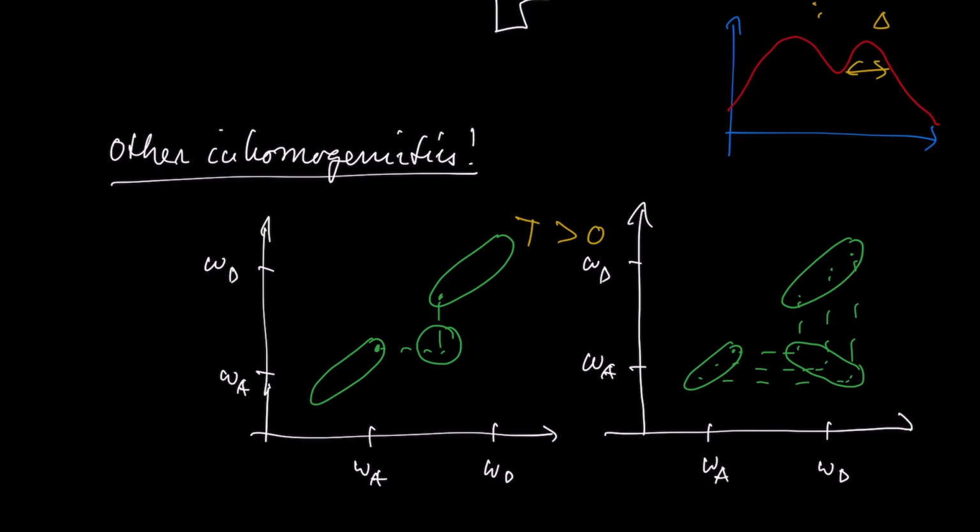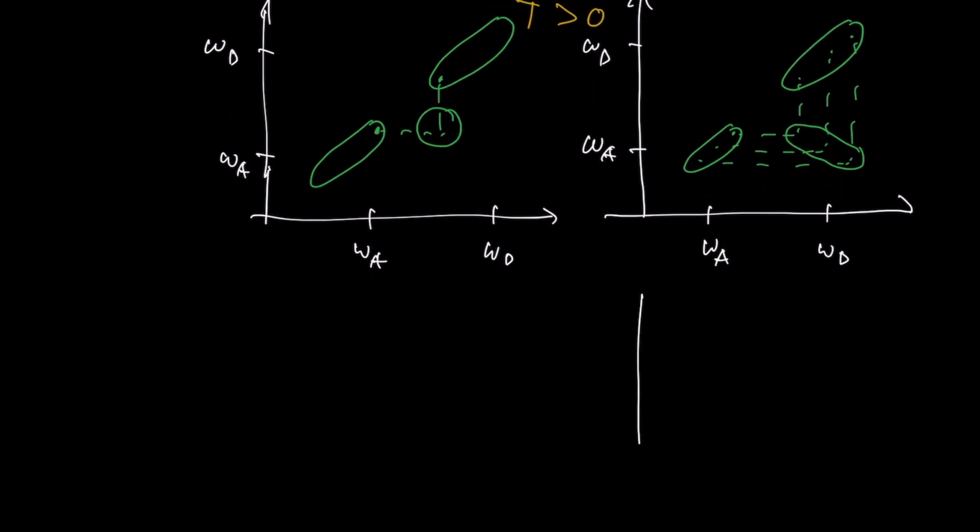Or we could see, for instance, another situation in which all the energy gaps or movements of the energy gap of the donor and acceptor were correlated. Well, we cannot see that correlation in the spectrum without a cross peak.